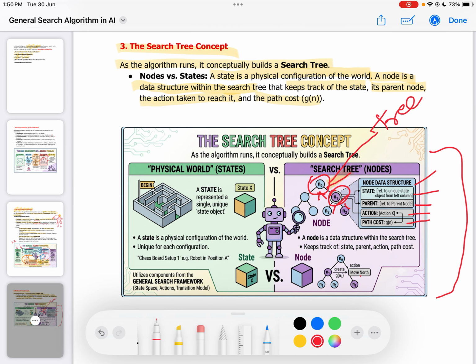So a state is there, a parent is there, an action is taken, a path cost is involved with it. Assuming n2 doesn't have the solution, it goes back to n1 and moves to the other side. Okay, so this is the tree structure that it uses to find a solution.